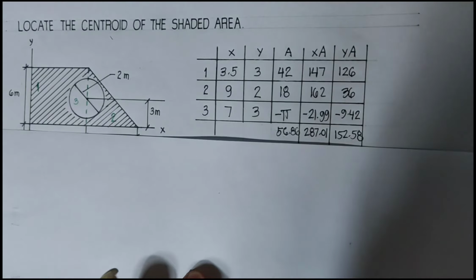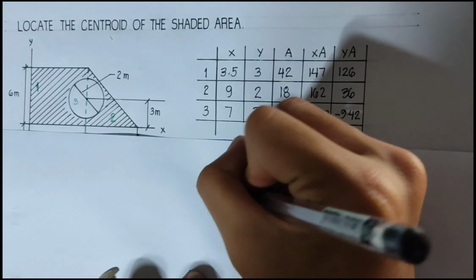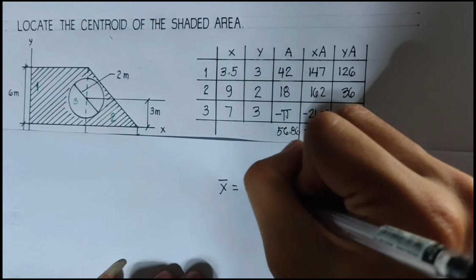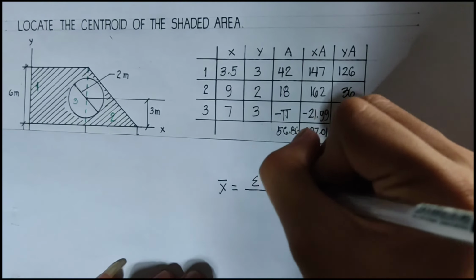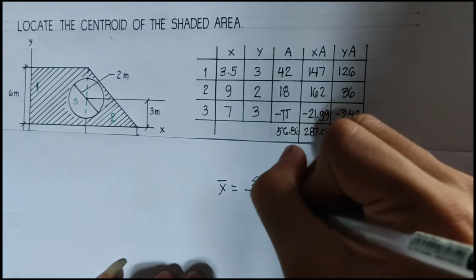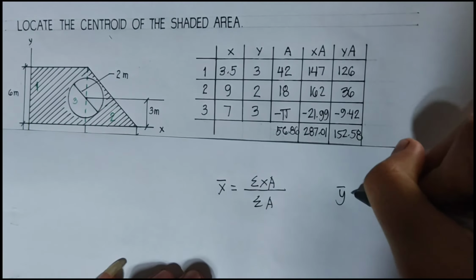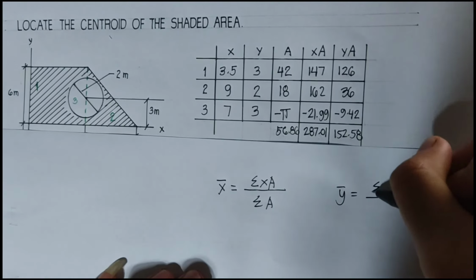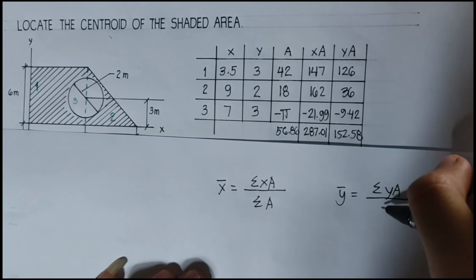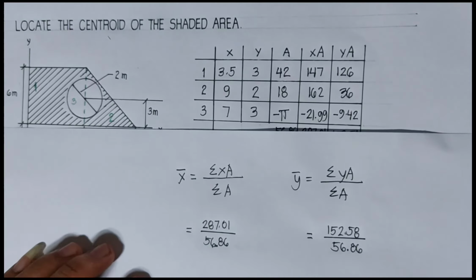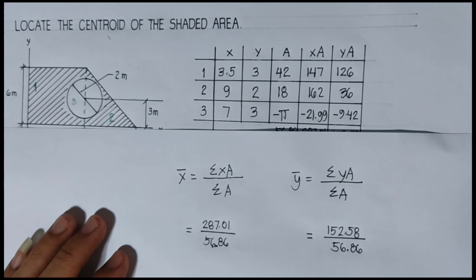Now, according to the formula, the bar X of a composite body is equal to the sum of XA's divided by the summation of A. Likewise, the bar Y is equal to the summation of YA divided by the summation of A. Then, substitute the given values.